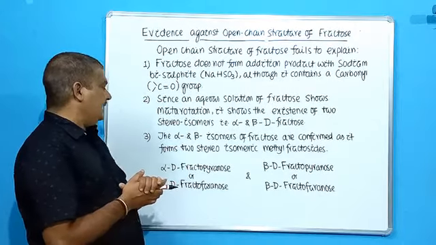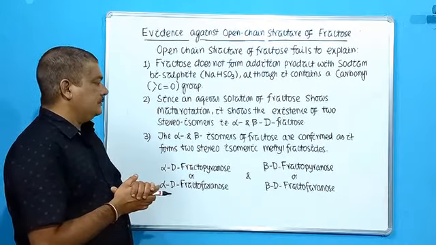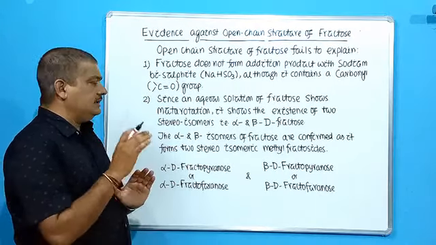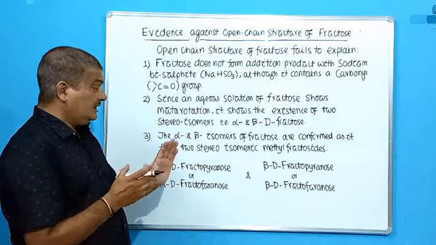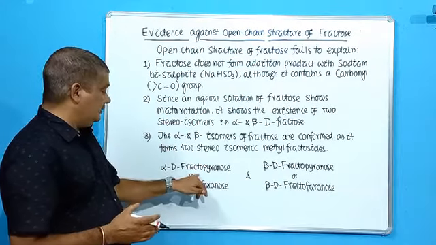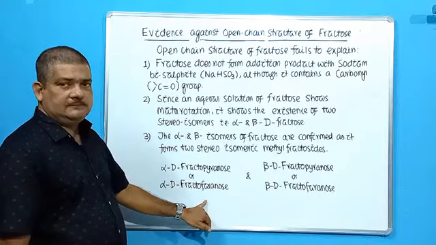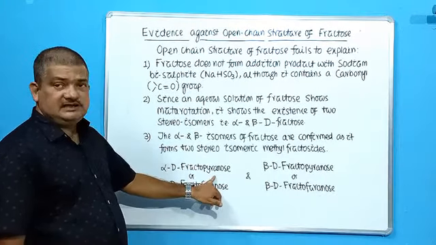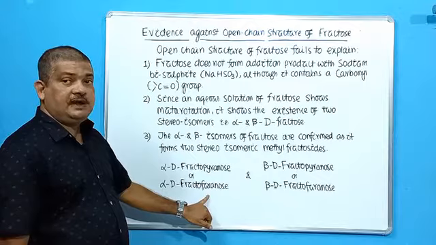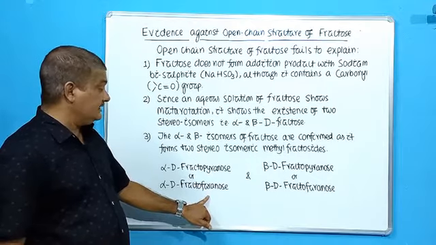Third, if alpha and beta isomers of fructose are confirmed, then it confirms two types of structures: either a pyranose structure or a furanose structure. Pyranose means a 6-membered ring, furanose a 5-membered ring, which we will discuss next.